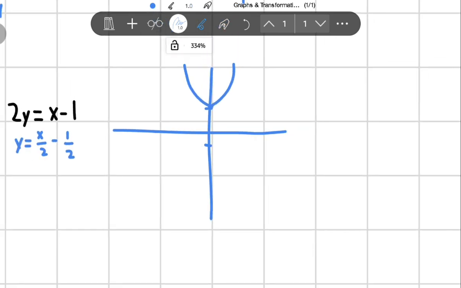And we have what it would be when y equals 0. I think it's at 2. Or pardon me, I think it's at 4 actually.